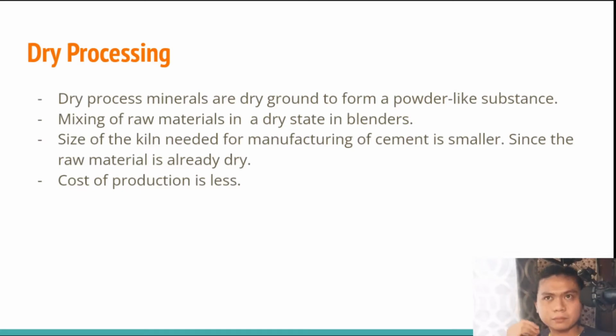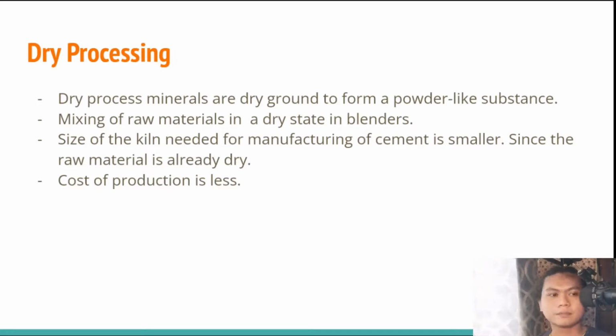That way, all the raw materials are easily mixed. It becomes a somewhat homogeneous mixture once it is converted into a powder-like substance. So mixing of raw materials in a dry state is done in blenders, and that's why the cost of production of dry processing cement manufacturing is less compared to its wet processing counterpart.